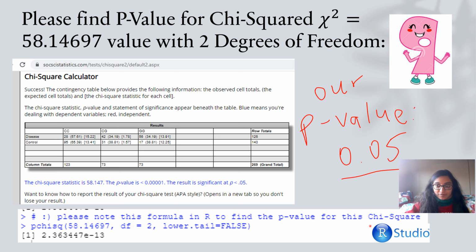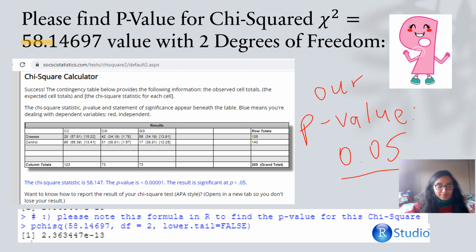But you can also use software packages like RStudio, for instance, and this is how you would call it on the console. You would say pchisq. You would put in your chi-squared statistic here, this 58 value here. You put your degrees of freedom in here, and then you have your answer here. So you have 2 degrees of freedom.